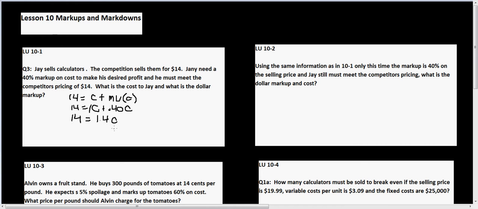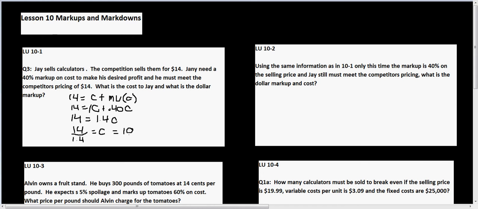In order to isolate this cost, we have to divide both sides by 1.4. So now we have 14 divided by 1.4 equals your cost. So 14 divided by 1.4 is 10.